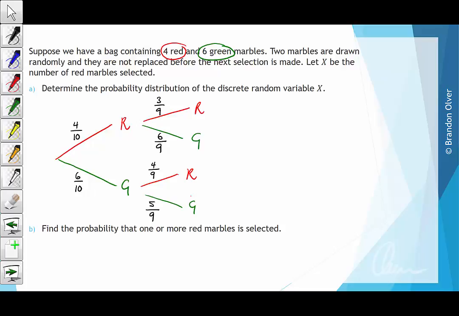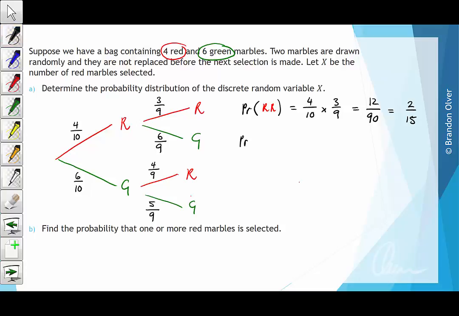So we calculate the probability of each of the outcomes by multiplying along the branches of the tree as each event is independent. So the probability that we have red then red is equal to 4 over 10 times 3 over 9. And when we do that multiplication, we get 12 over 90, which can simplify down to 2 on 15.